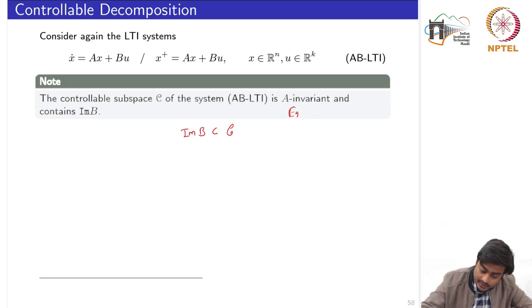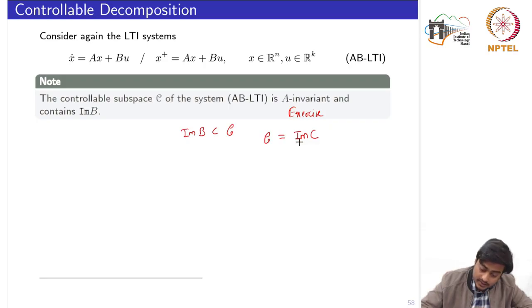So you can prove it by yourself. You can take this as an exercise and show that the controllable subspace C, if you recall from one of the results, is nothing but equal to the image of the controllability matrix.